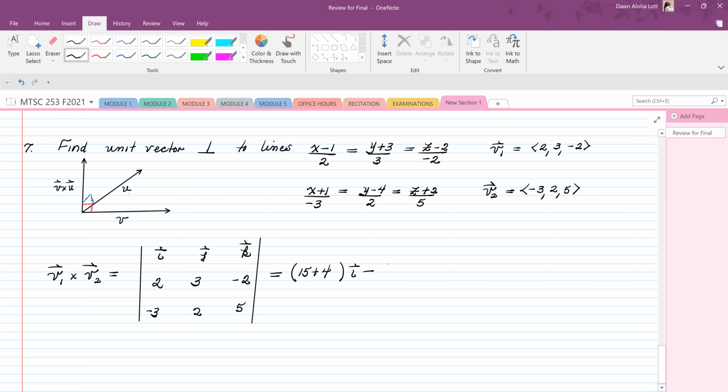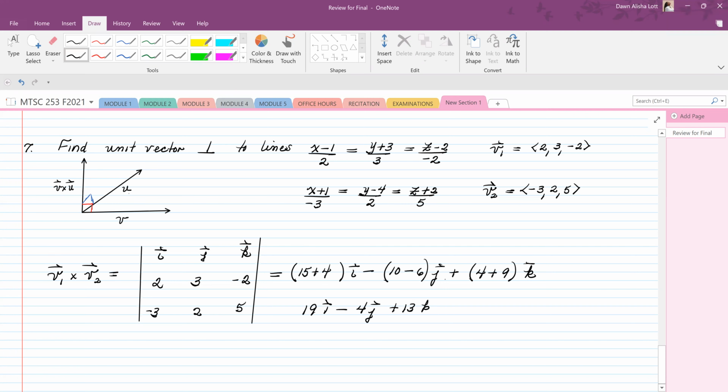Then the second one you subtract off, so that'll be 2 times 5 is 10, minus 6. And then the third one is 4 minus a negative 9, so 13. So you get 19i minus 4j plus 13k.